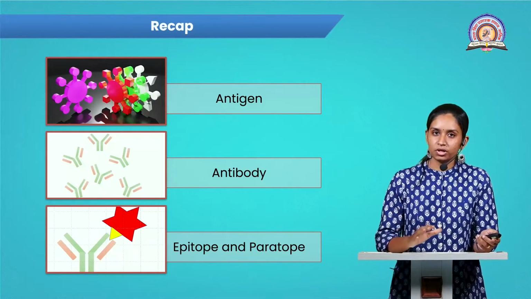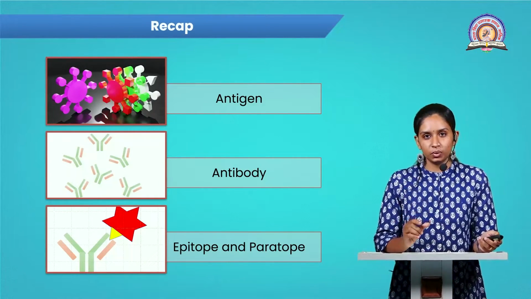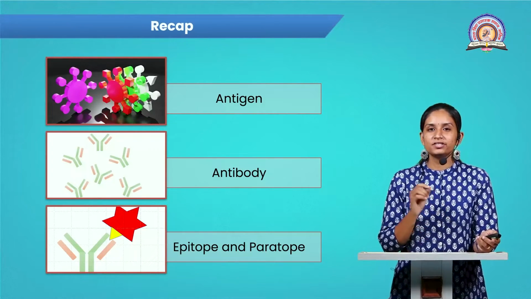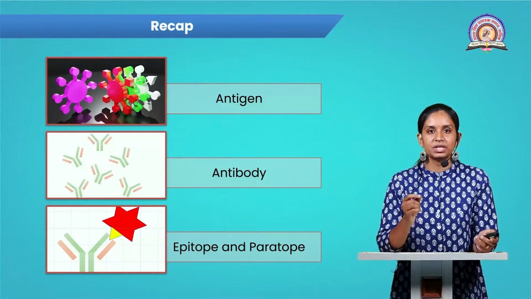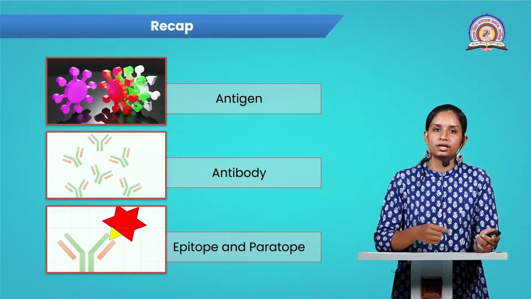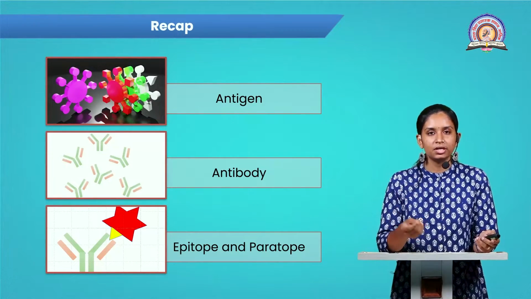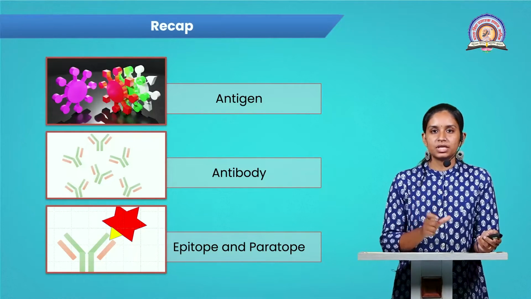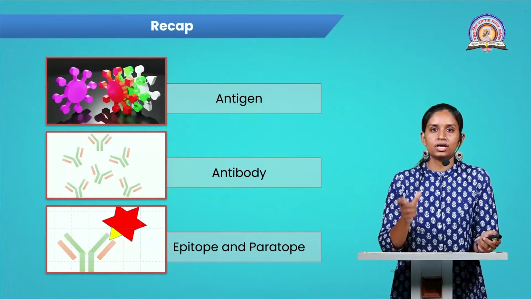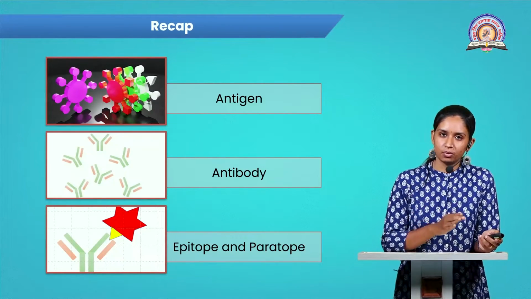So on the antibody also there is a specific site located which is called the antigen binding site, and in that antigen binding site there are specific residues which are going to interact with the antigenic determinant. That site is called the paratope. So the epitope is present on the antigen, which is also called the antigenic determinant, and the paratope is present on the antibody.